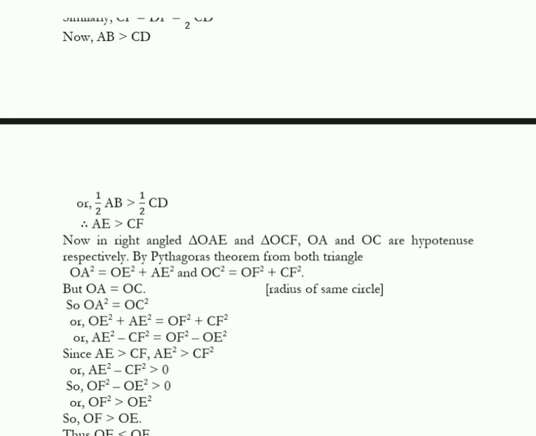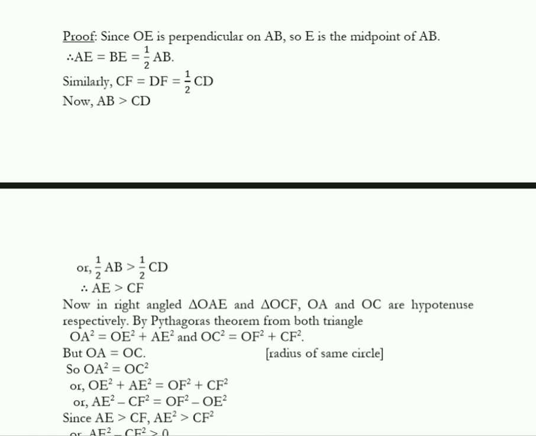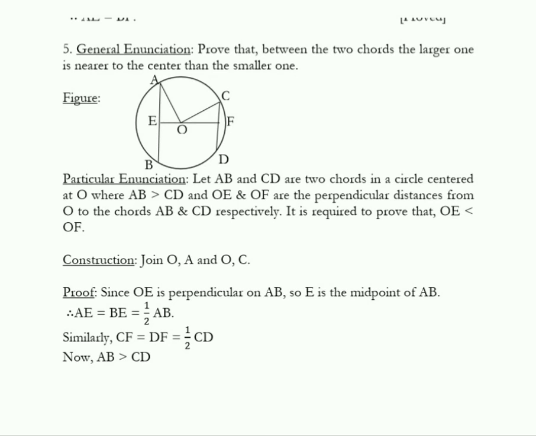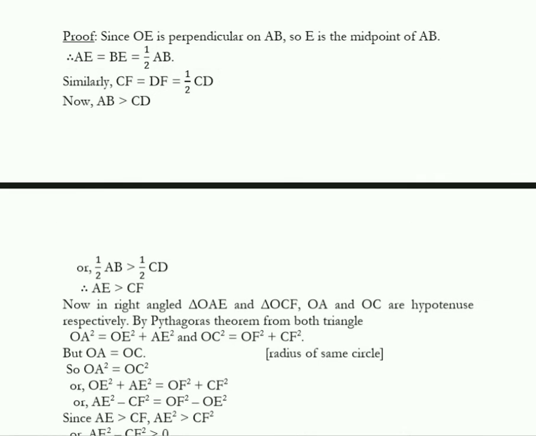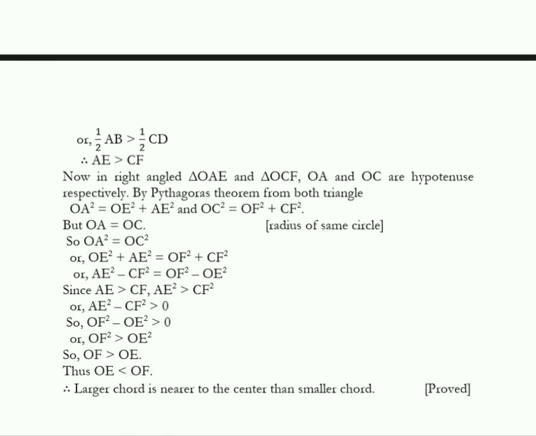Now let us notice that OA and OC are both radii of the circle, so OA equals OC, so OA square also equals OC square. Now if we replace OA square by OE square plus AE square, and OC square by OF square plus CF square, then it becomes this equation.